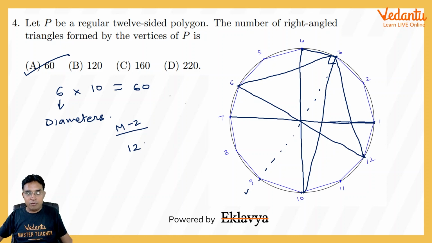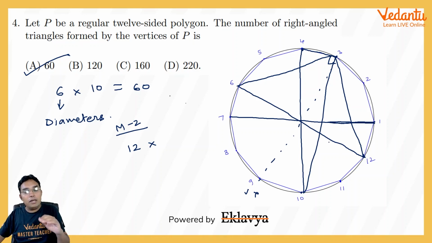So first we will be selecting at which vertex the angle will be 90 degree, and the vertex diametrically opposite to it cannot be selected. Then from the remaining, I think 10, yeah, 1, 2, 3, 4, 5 plus 5, 10.